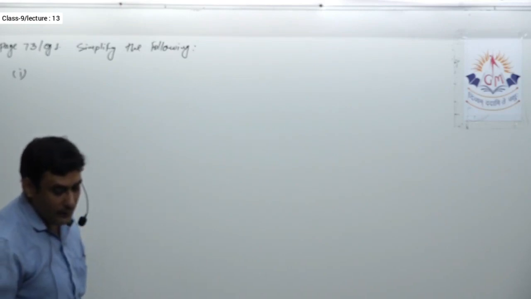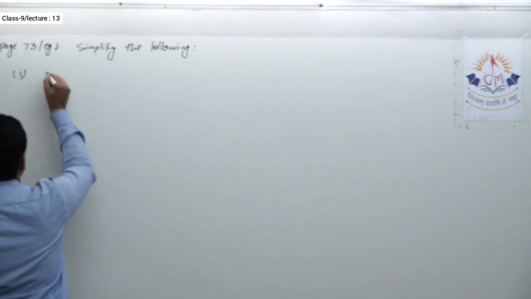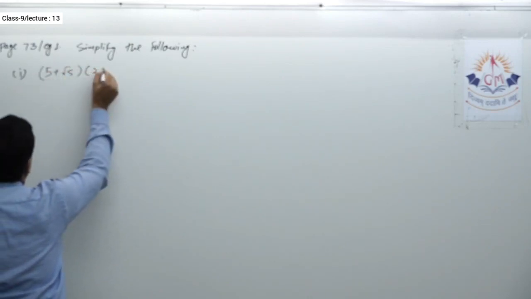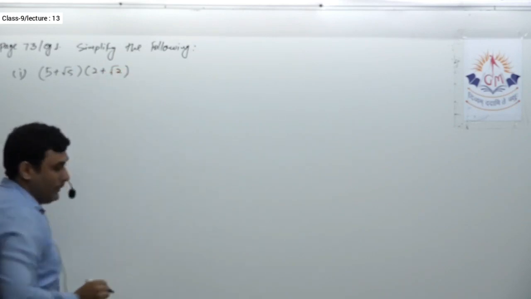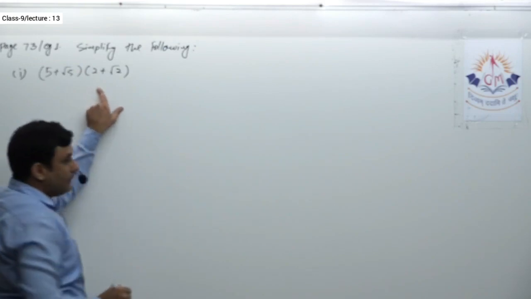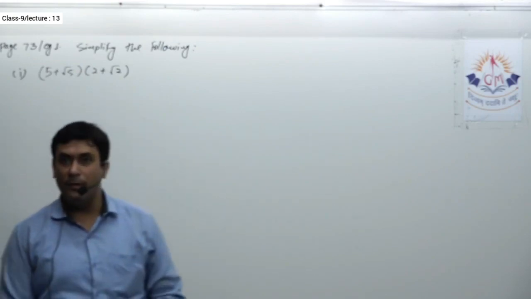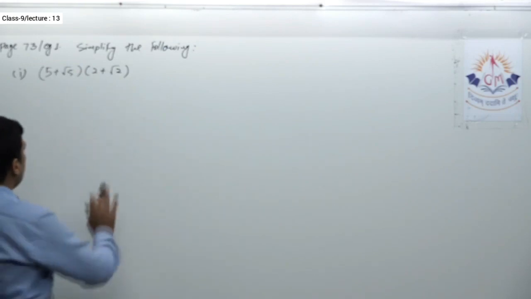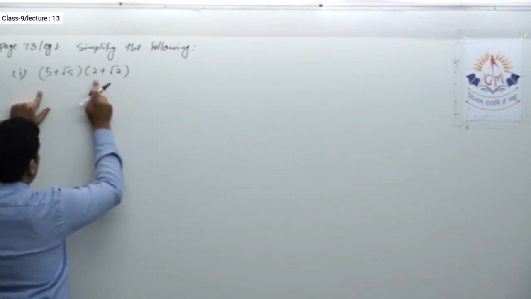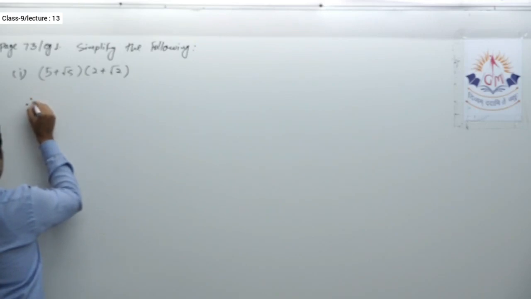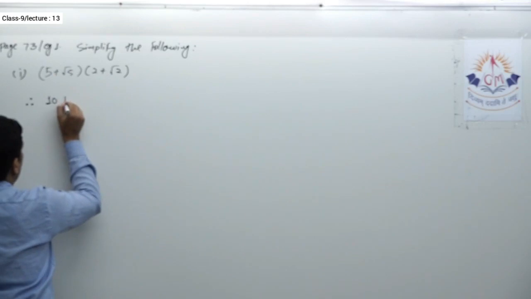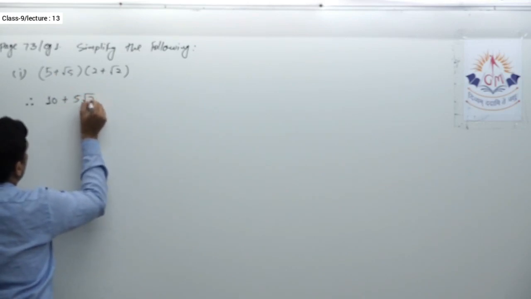So very first one is 5 plus root 5, 2 plus root 2. You have to multiply this. Okay, so it's a multiplication of a binomial with a binomial. So no need to remember any identity, simply I'll multiply 5 with these two, then root 5 with these two. So here I can write 5 multiplied by 2, that is 10. 5 multiplied by root 2, I write 5 root 2.